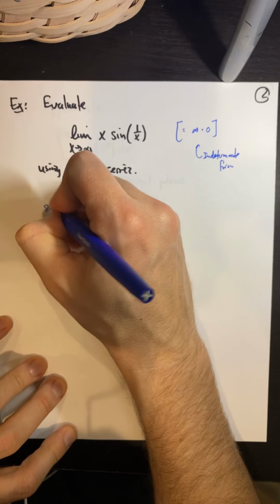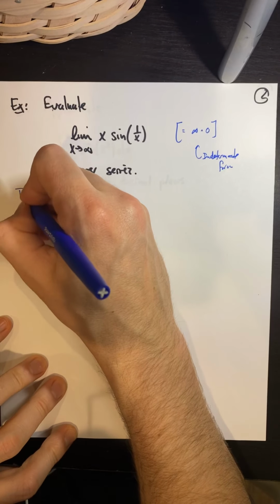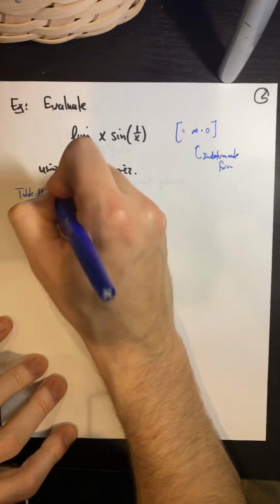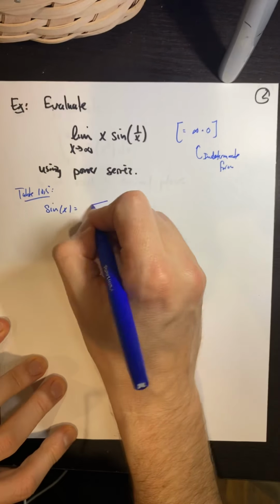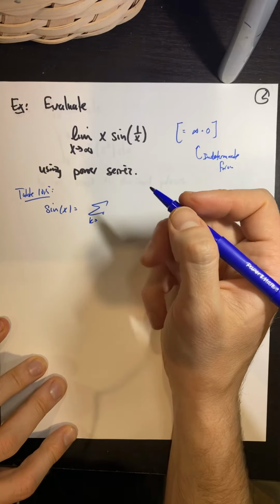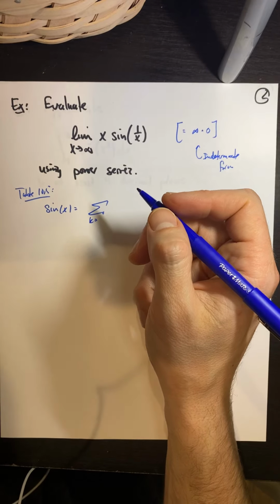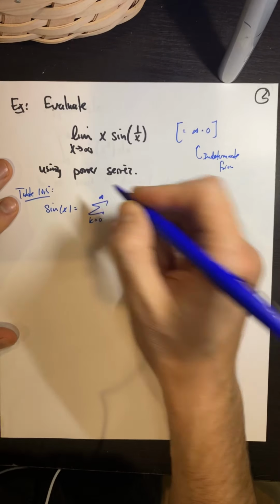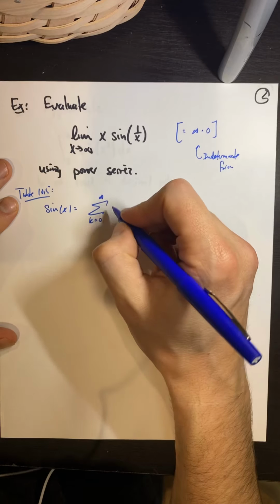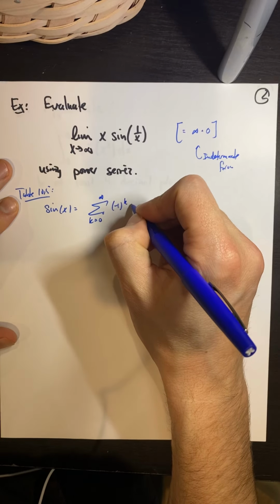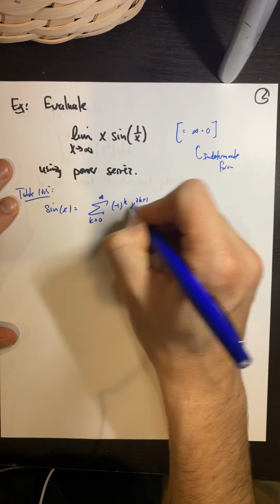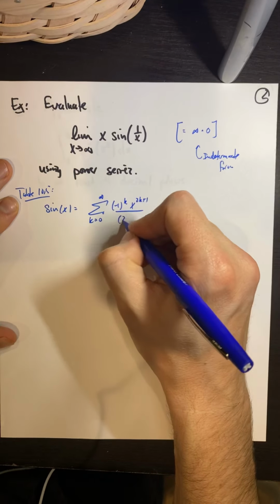So from table 10.5, we know that sine of x can be represented as the infinite series, k equals 0 to infinity of negative 1 to the k, x to the 2k plus 1, all over 2k plus 1 factorial.